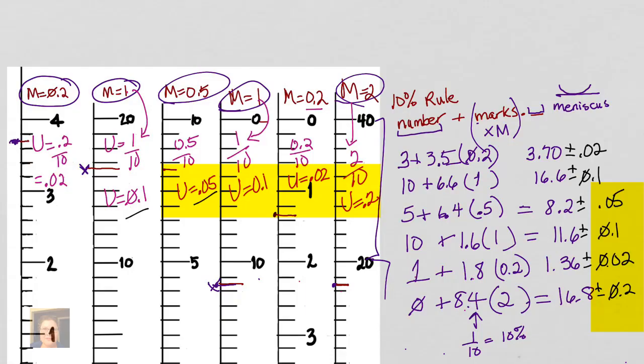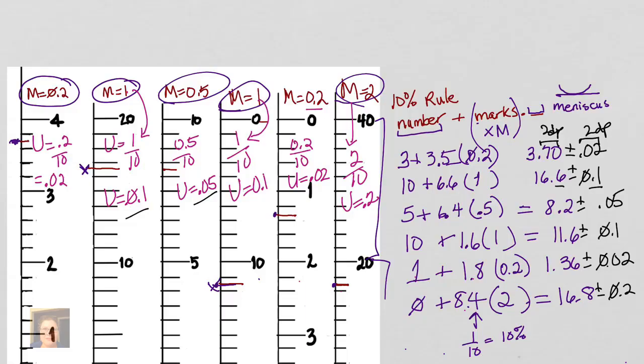Now it's not a coincidence that there are 2 decimal places here and our measurement has 2 decimal places. 1 decimal place, 1 decimal place. It's not a coincidence how the precision is calculated. It's always 1/10 of the mark, which means we get 1 more decimal place than the mark had.